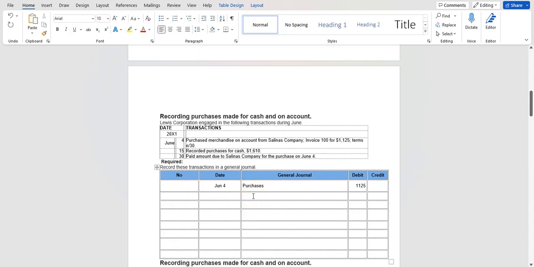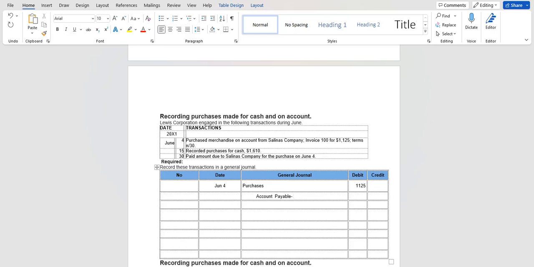And then we need to go and we need to credit our accounts payable. Okay, because we purchased with an invoice, because we purchased on account. All right, then there's an invoice that was given to us, and at some point in time they said 30 days we need to make this payment. Okay, so that's going to give us 30 days from June 4th.